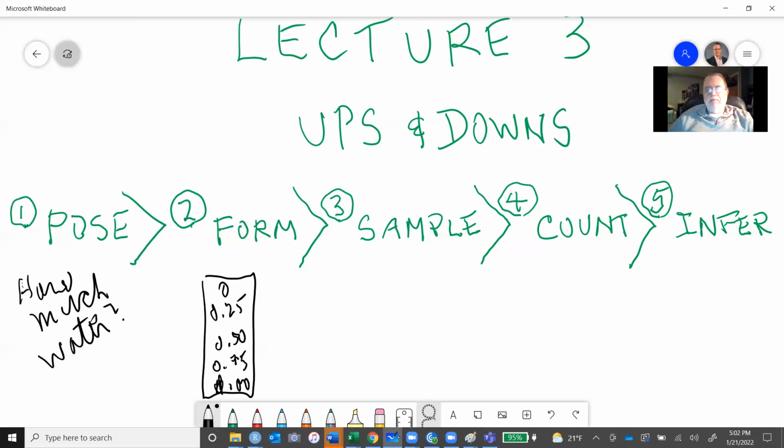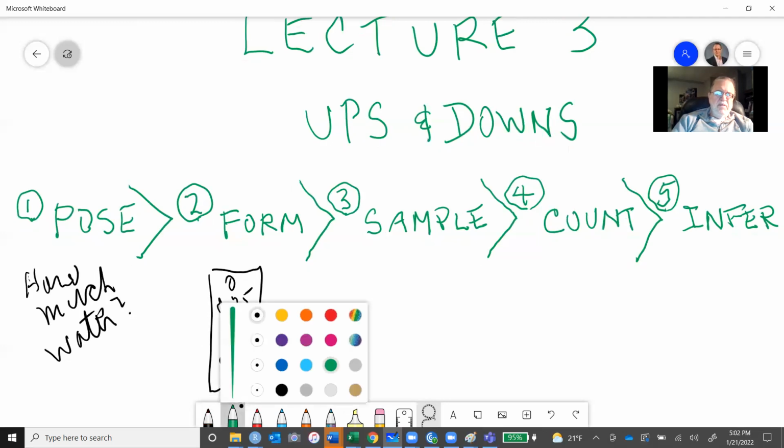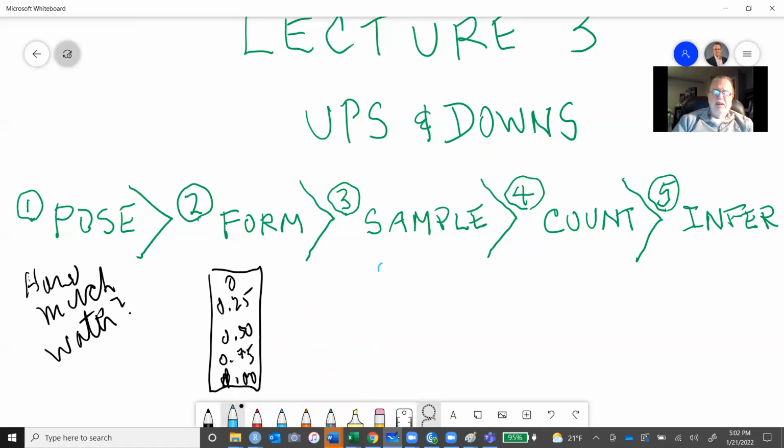Then we sampled, right? What did we sample? We sampled land and water. And here is, pick a nice blue for the water. Water, which we represented as a, yeah, I picked out a green one.